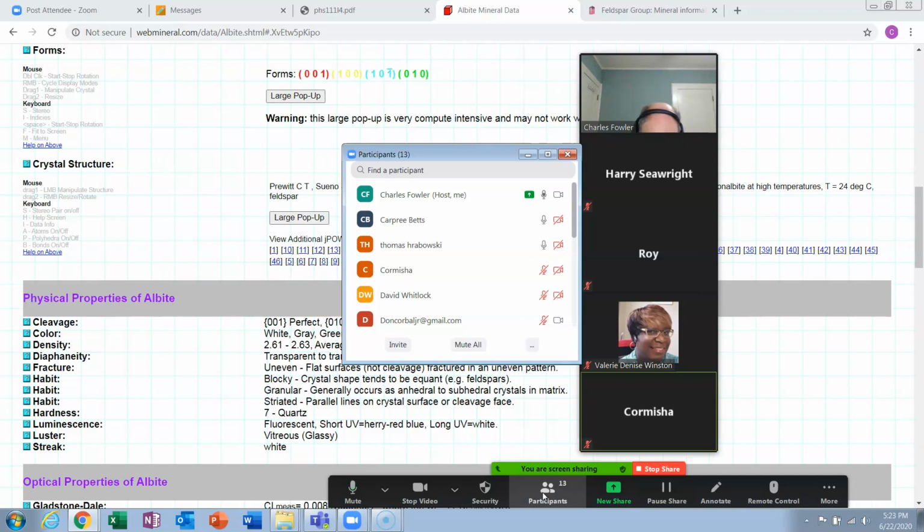Okay, my pen does this every time. As soon as I go to take roll, it doesn't write. Okay, Capri's here. Thomas is here. Kermisha's here. David is here. Don is here. All right, let me scroll on down.